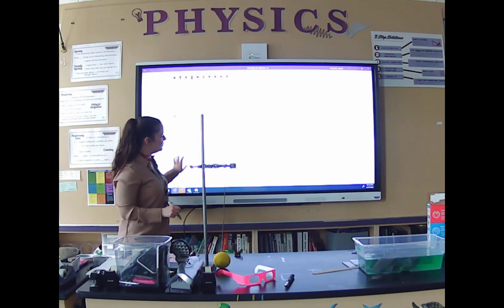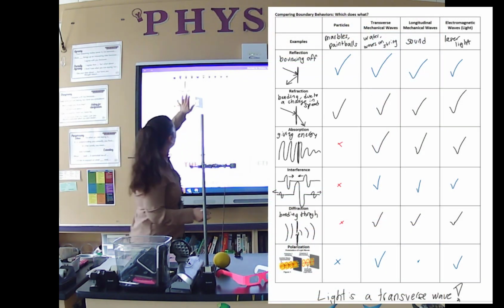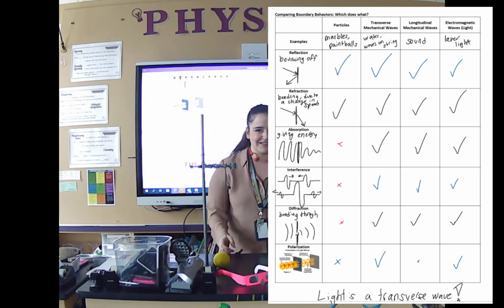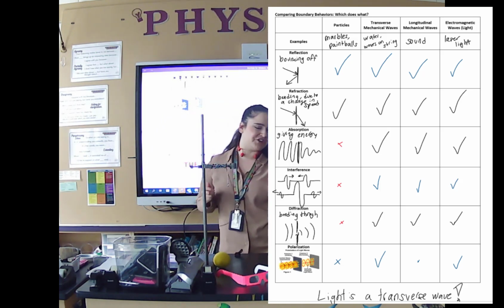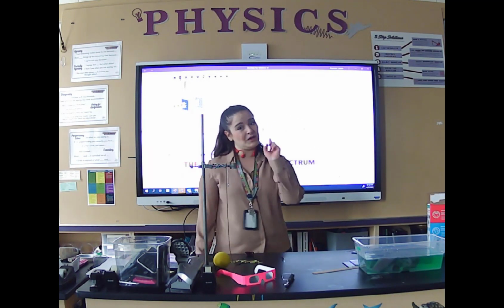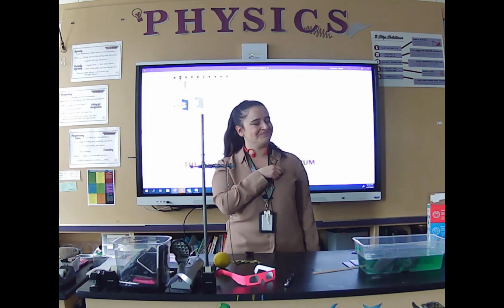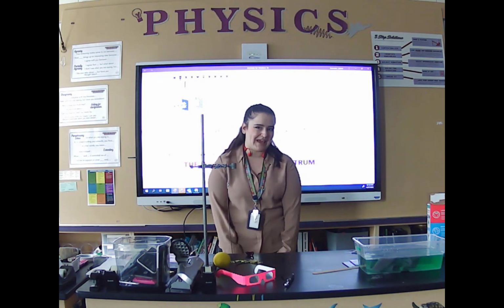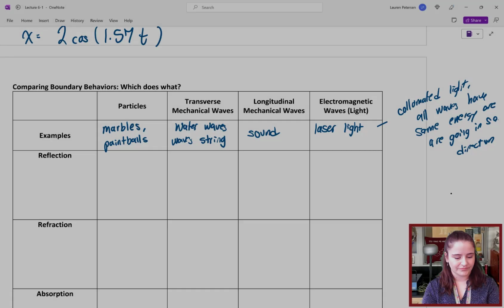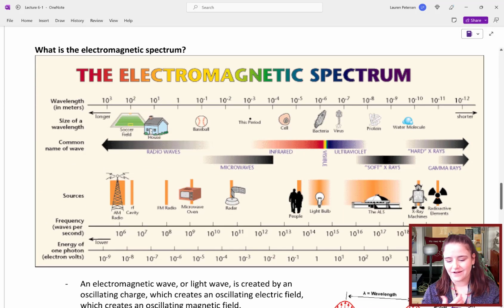That led to our current model of light as a transverse wave. And while it is not matter that is oscillating, as in our waves on a string or water waves, it is the electric and magnetic fields oscillating, perpendicular to the direction of travel. And we can tell because of how it behaves. Cool?